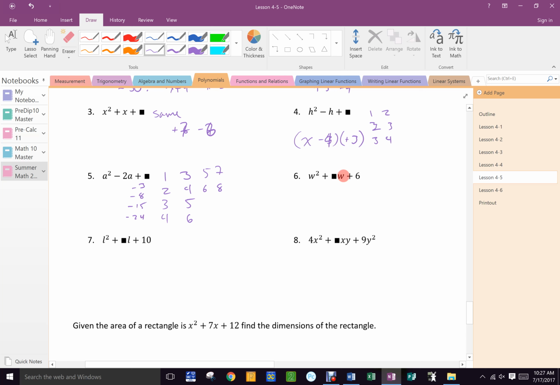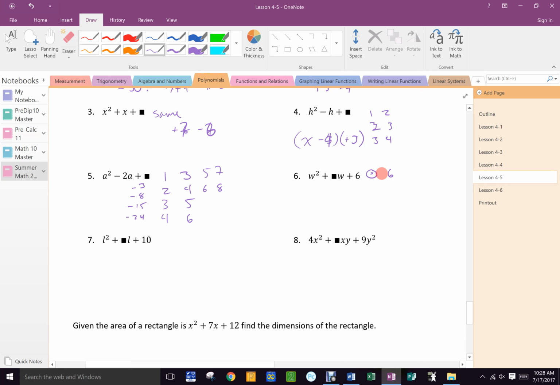What about this one? What are the only numbers that can go there? I need to multiply to what? Positive 6. So I need factors that will multiply to positive 6, yes?